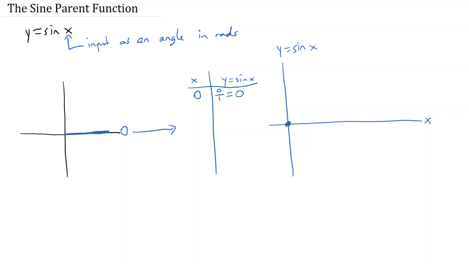And then maybe I skip all the way up to the angle pi over 2. If I look at x equaling pi over 2, then I need to know the sine of pi over 2, which here the vertical side is 1, and if I'm working with a hypotenuse of 1, that ratio equals 1. So that means over here, when my x value, my angle, is pi over 2, my y value is 1.